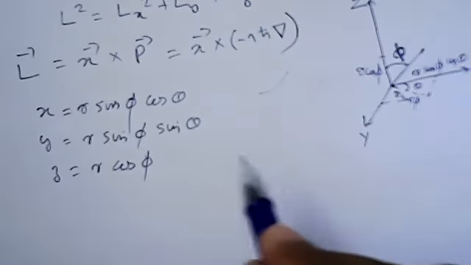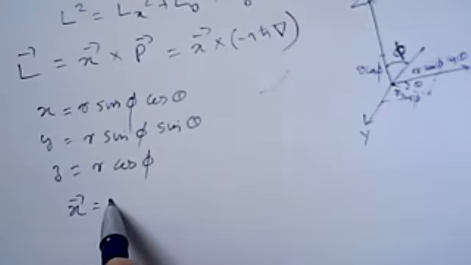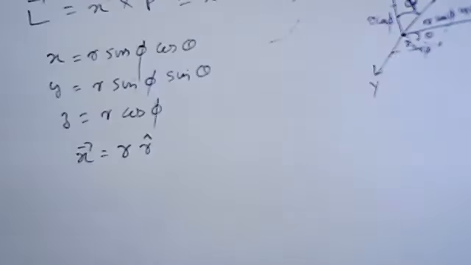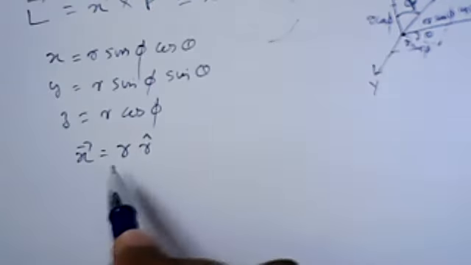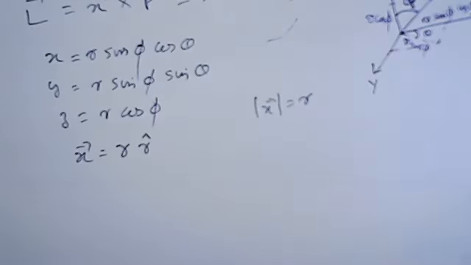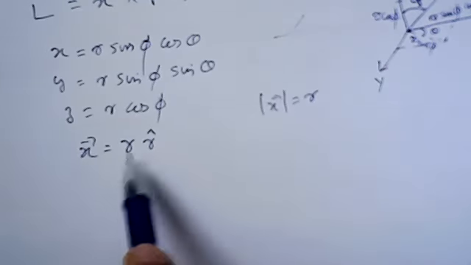Now vector x can be written as the magnitude of vector x, which is r, and the unit vector r. So substitute this.